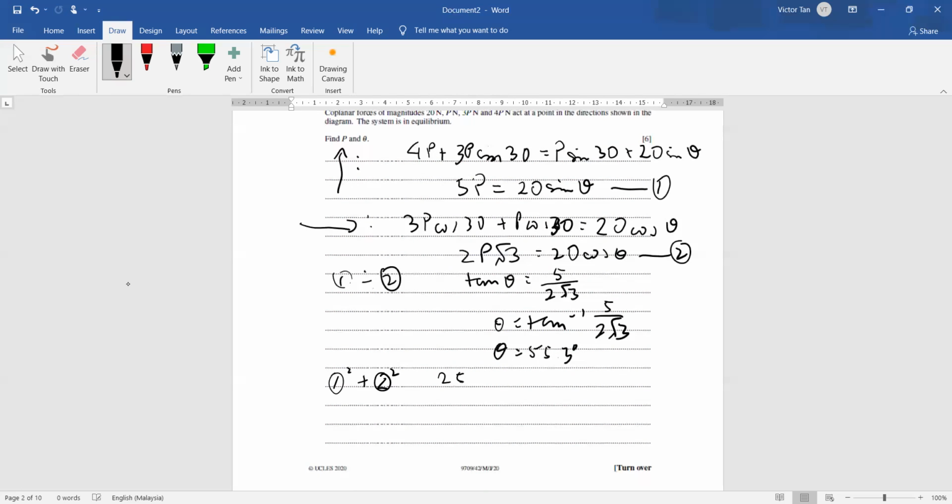So you have 25P squared plus 4 times 3, 12P squared, equals 20 squared. P squared equals 400 over 37, P equals 3.29. That's it. Okay.